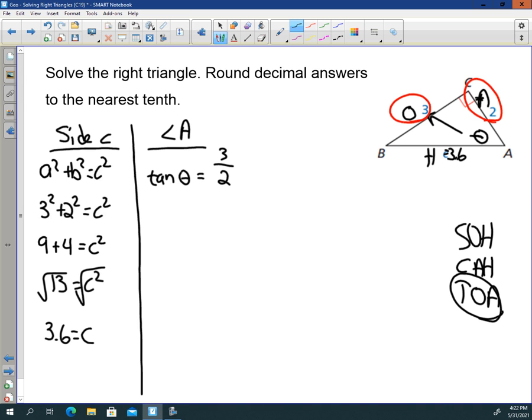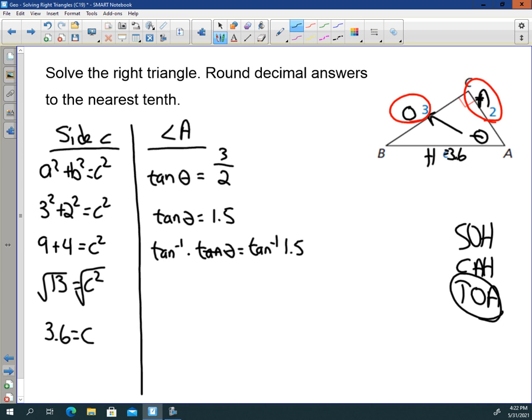And now I'm going to solve this just like I did in the warm-up. The tangent of theta is 3 divided by 2. 3 divided by 2 is 1.5. Now I want to get rid of that tan in front of theta, and so I'm going to quote-unquote multiply both sides by the inverse of tangent. So I have tan inverse times tan theta equals tan inverse of 1.5.